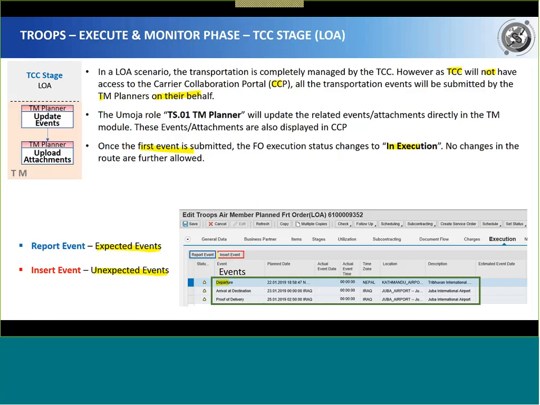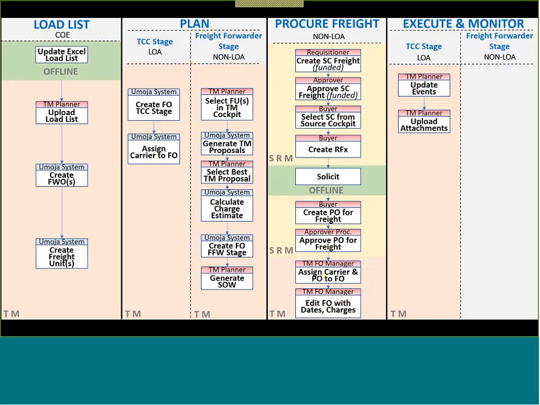We can see the date when each event happened, so the planned date and also the actual event date. And very similarly for the freight forwarder stage, so in a non-LOA scenario, freight forwarders will have access to the carrier collaboration portal to submit events and attachments.